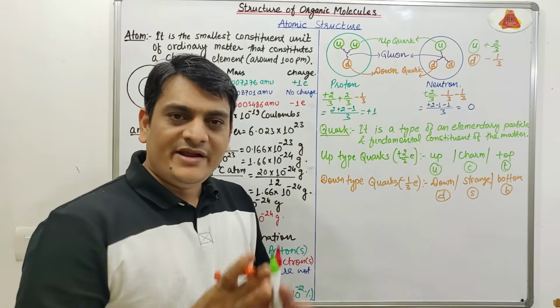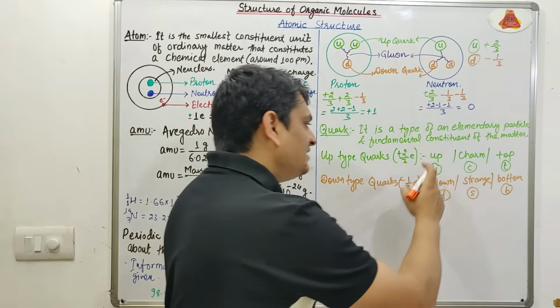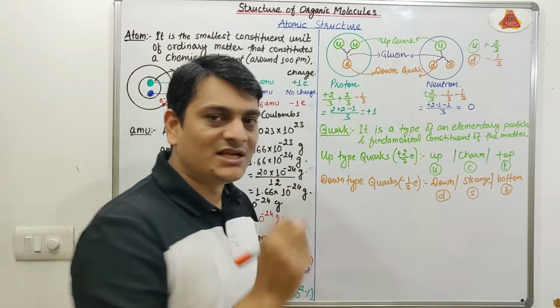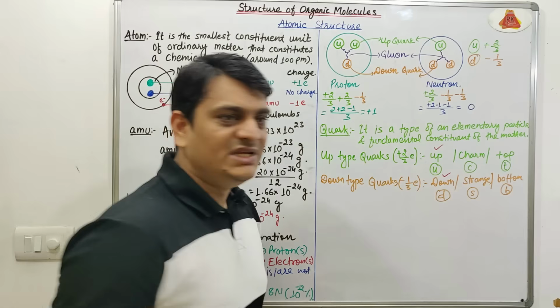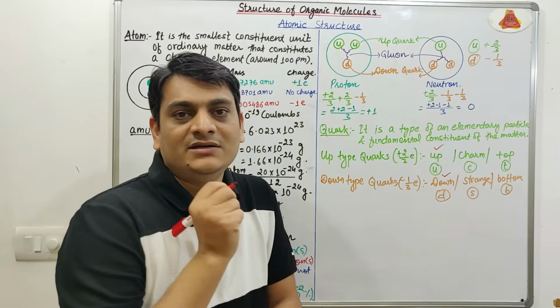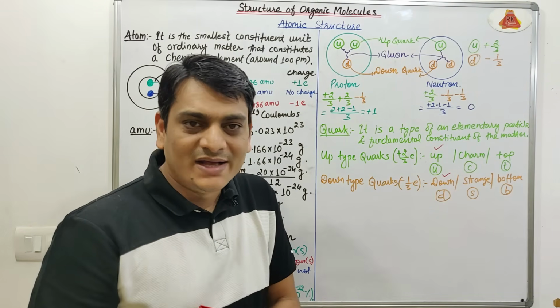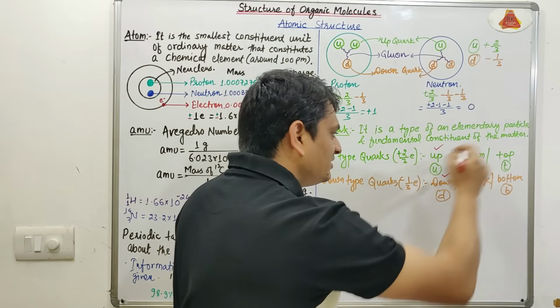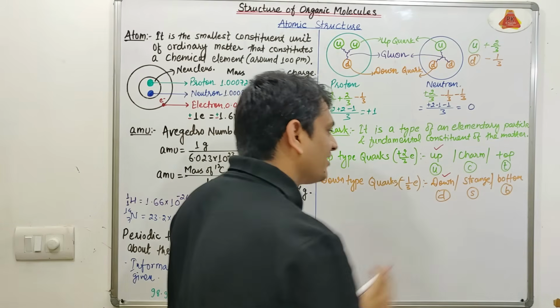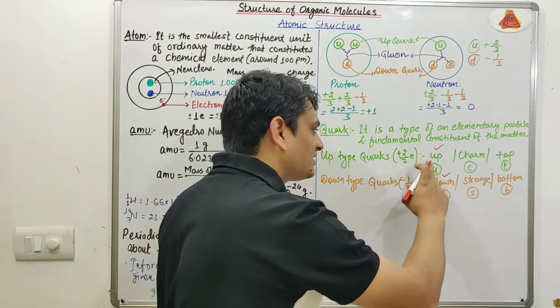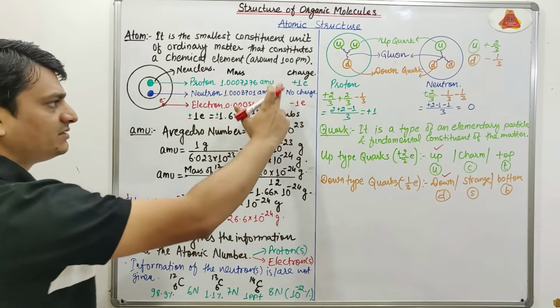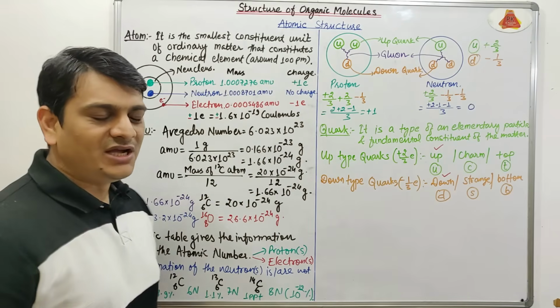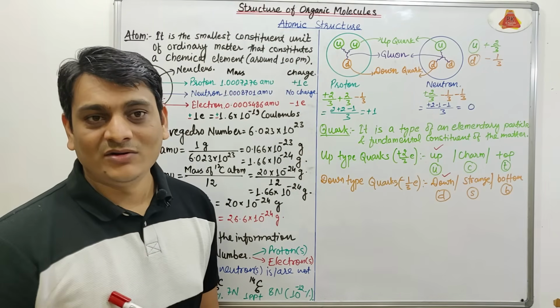But in atoms, mainly up quarks and down quarks are present because these are the most stable, and both the up quark and down quark are lighter in mass compared to the others, which are the heavier quarks. So these are the reason behind the plus 1 charge of the proton and no charge of the neutron.